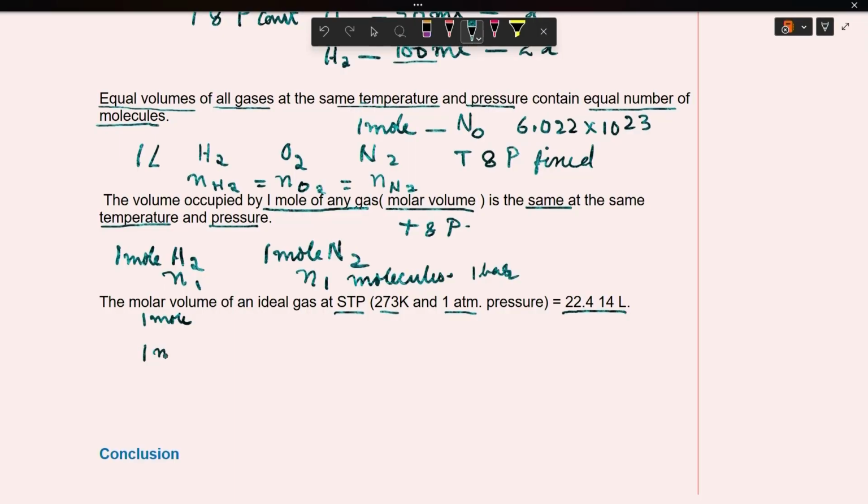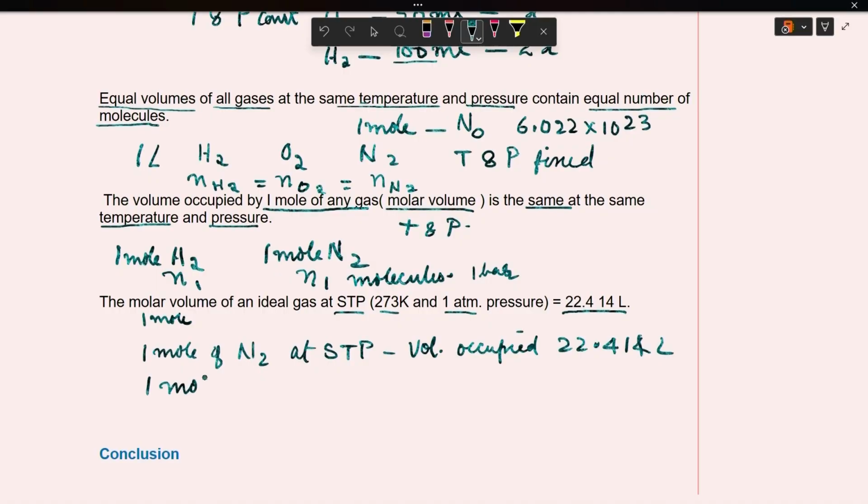For example, if I am taking 1 mole of nitrogen at STP, the volume occupied will be 22.414 liter.